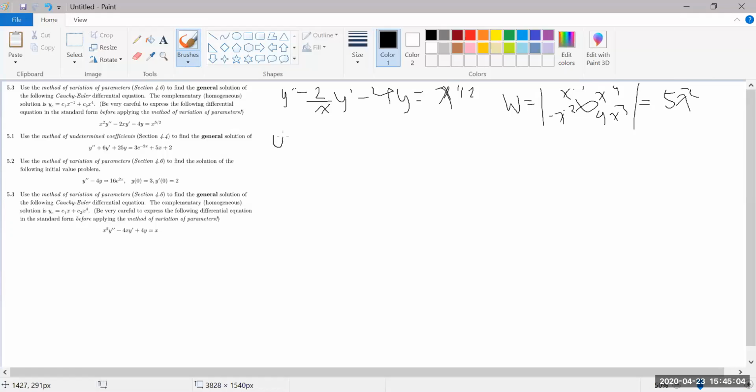So for our u1, I'm going to get the integral of our y2, so our x to the 4th, times our function here, x to the 1/2 times our f function, divided by our Wronskian, which is 5x squared dx. This simplifies to the integral of 1/5 x to the 5 over 2.